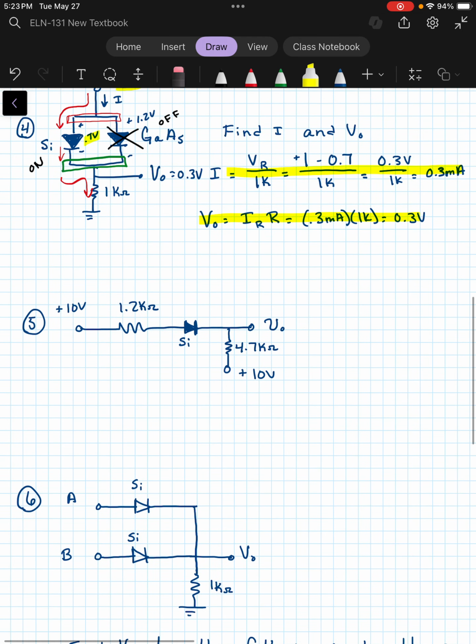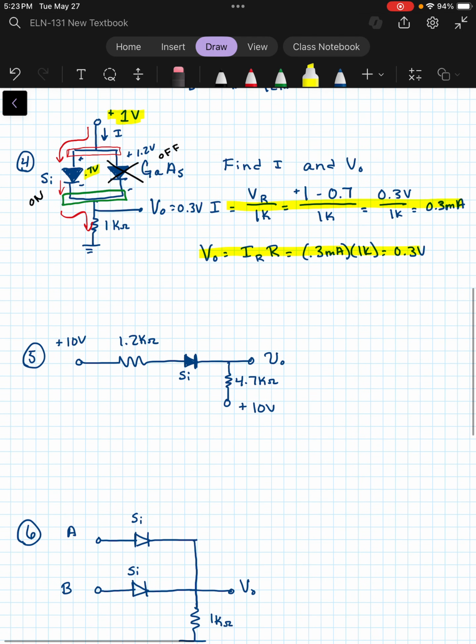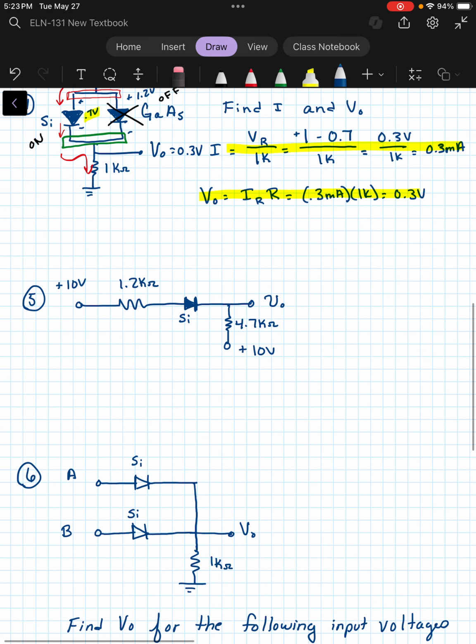Okay, a couple more problems here for you. Let's look at number 5. So again, we always want to look at what we've got going on in the circuit. We've got a positive 10 volts here and a positive 10 volts here. Those are the voltages supplied across the circuit.